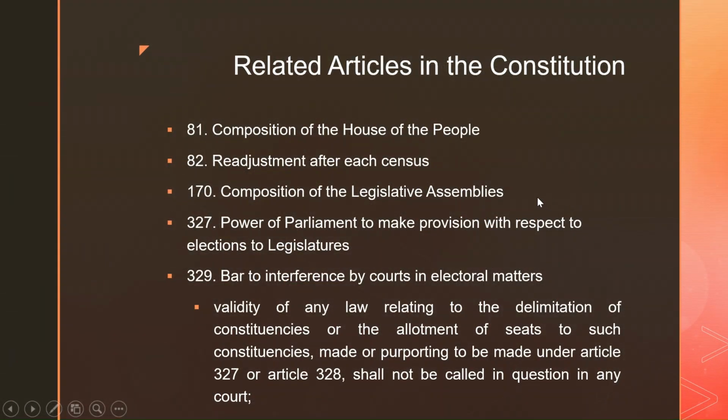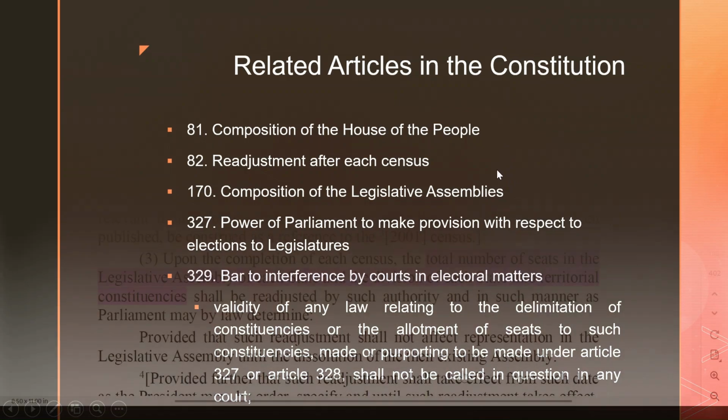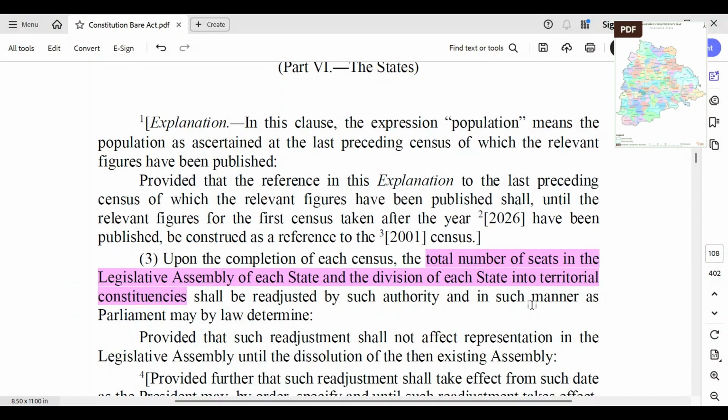Now we'll proceed to understand Article 170, which is composition of the legislative assemblies in the states, which is a combination of both 81 and 82 in the center. The same mechanism is also mentioned for the states: after completion of each census, the total number of seats in the assembly of each state and division of each state into different constituencies need to be readjusted.